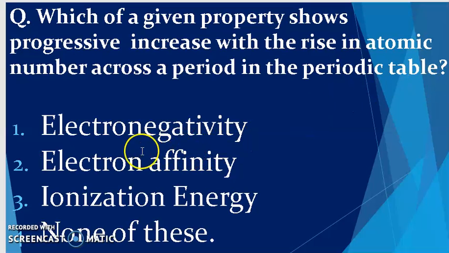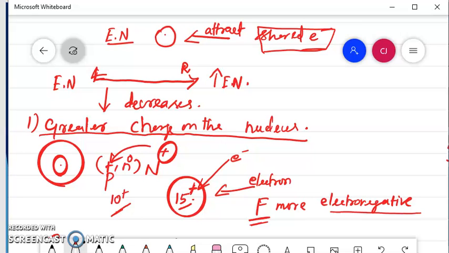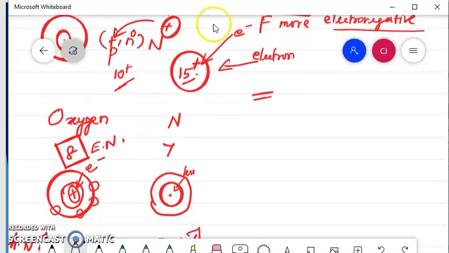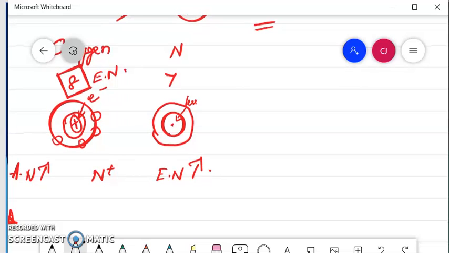Let me give another example, explained with the oxygen atom.